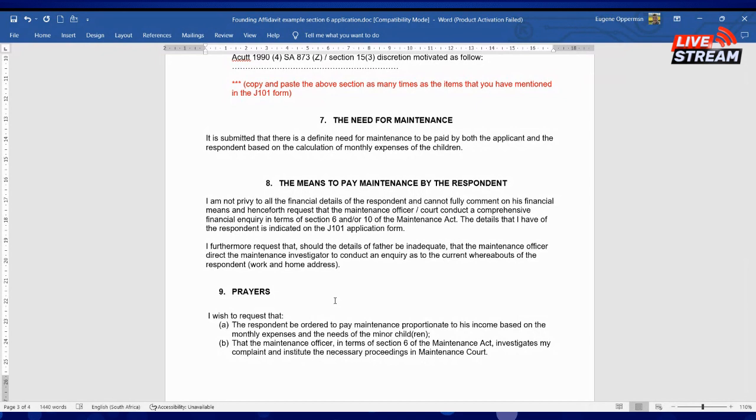What I usually do is, because that would be done during a Section 6 or a Section 10 inquiry, I would say in the affidavit, I would leave it at that: I'm not privy to all the financial details of the respondent and cannot fully comment thereon. But if you do have copies of his payslip, then you could add that in there as well. You could just change that to say, I'm not privy to full financial details, but I do have a payslip.